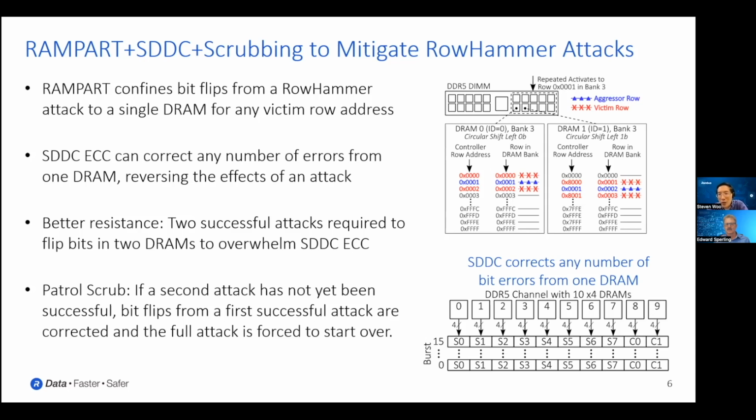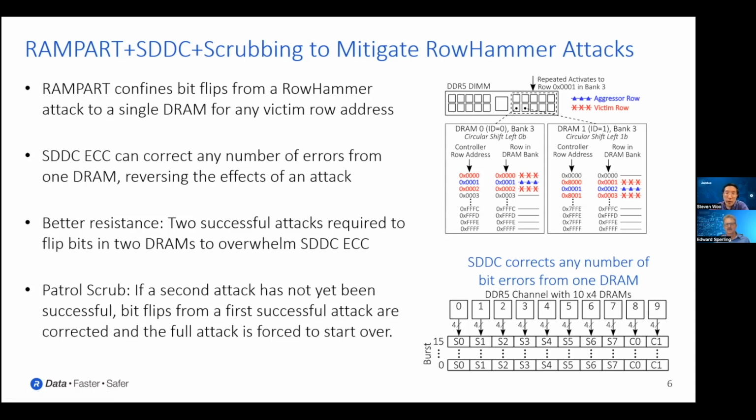Well, it turns out that servers do this thing that I mentioned before called scrubbing. They have something called patrol scrub, where once to a few times a day, the entire contents of memory is read. And if there are any errors in the data, those errors can be corrected as long as the number of errors is small enough. They can be corrected, and then the correct data is written back to memory to clear those errors. Well, you can see what we're doing here: if one row hammer attack has been successful, it will flip bits in one DRAM and one DRAM only at any victim row address.